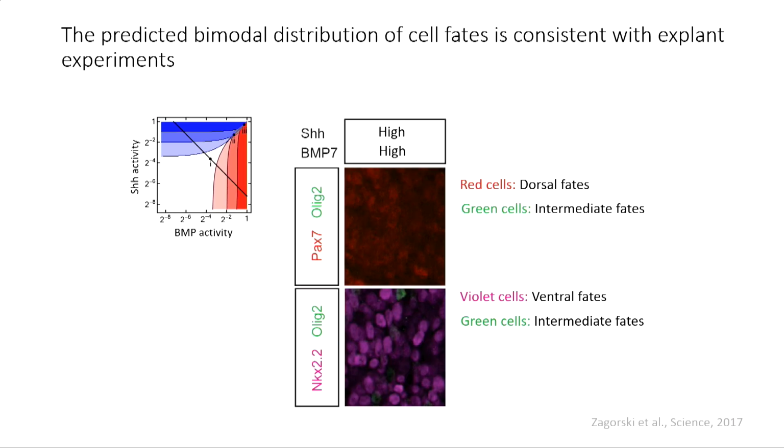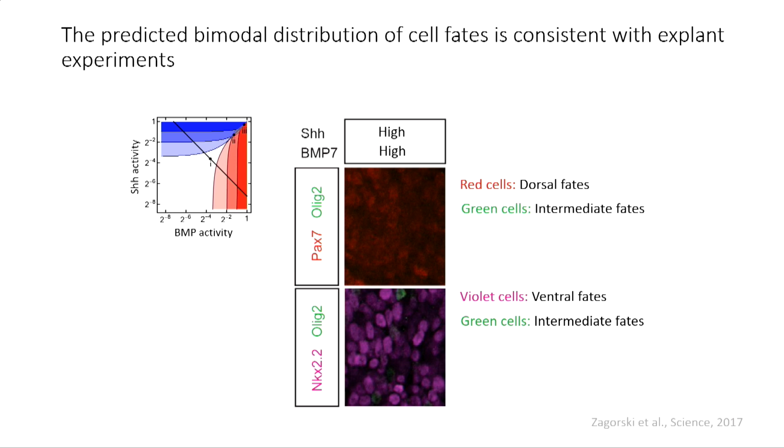And that was the prediction that we wanted to test. We tested it in chick explants that were exposed to high concentration of BMP and sonic hedgehog, and what we could see, indeed, is we either have red cells corresponding to dorsal or violet corresponding to ventral fates, but no intermediate, so no green cells here.